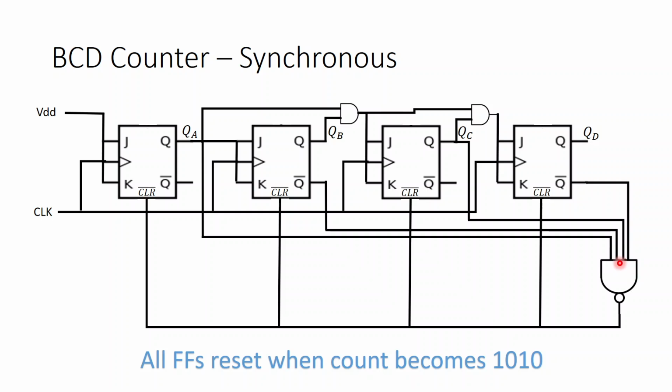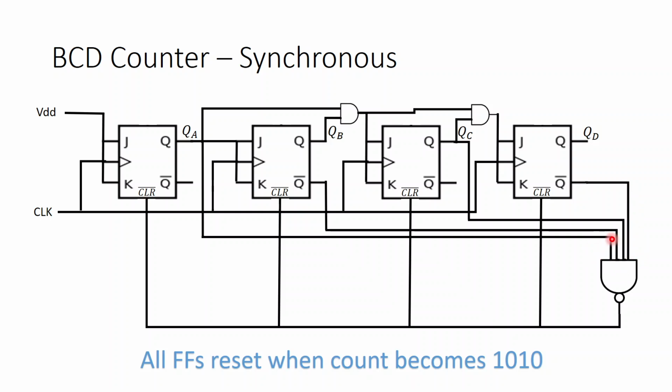So when is the output of a NAND gate low? When all the inputs are 1. So are all the inputs 1? When it is 1010, verify. This is 0, which means this is 1. This is again 1. This is 0, which means this is 1. Yes.